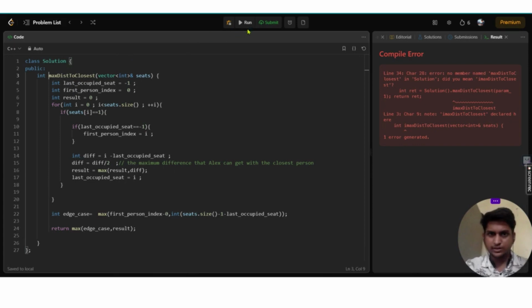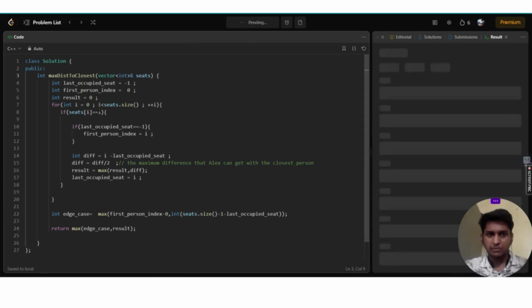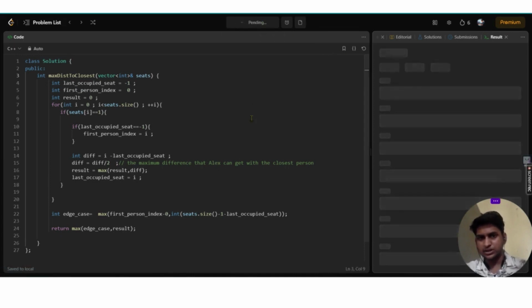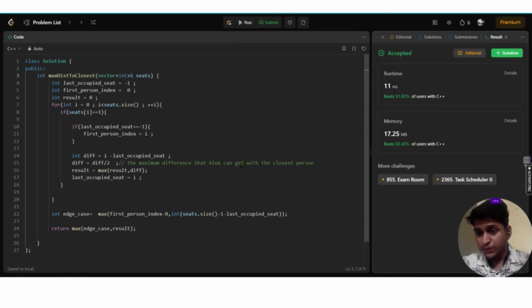Okay, there is a typo in the name of this function. Okay, now we are going to submit it. As you can see, everything is running fine. So it is accepted.